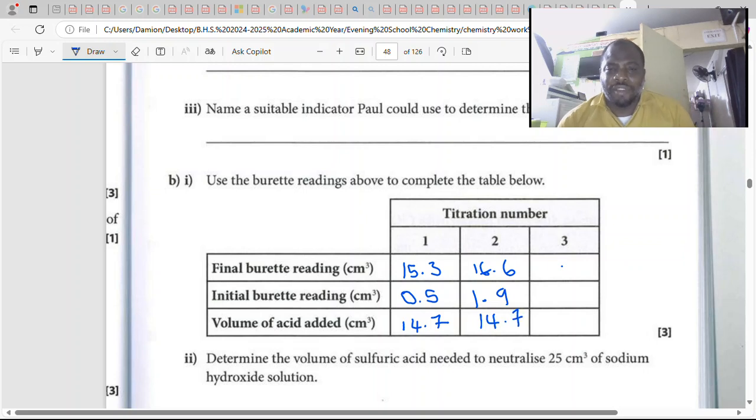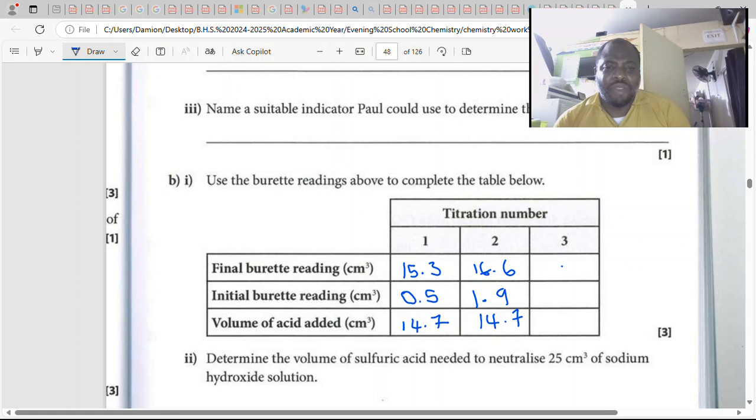Now for the third attempt, sometimes what we see is a rough. And students will ask me, do we utilize the rough? Sometimes we can, if the rough gives you a 0.1 difference.